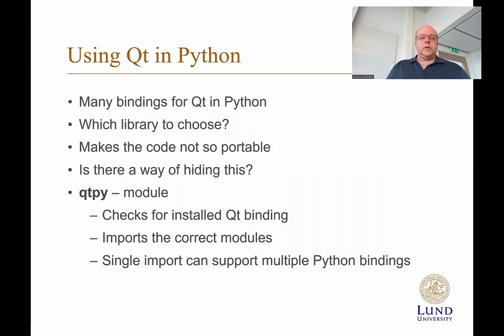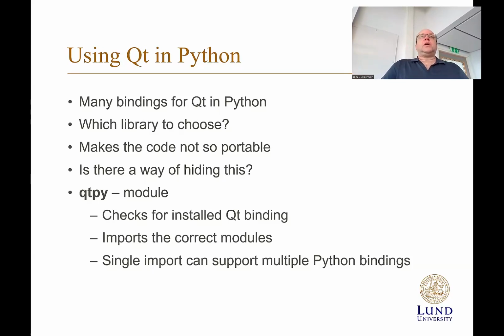Yeah. So can we solve this with the bindings in some way? We don't want to have to specify PyQt5 or Qt for Python in our code. And there is a way of doing this, and there is a special additional module called QtPy. So it's the reverse of PyQt.